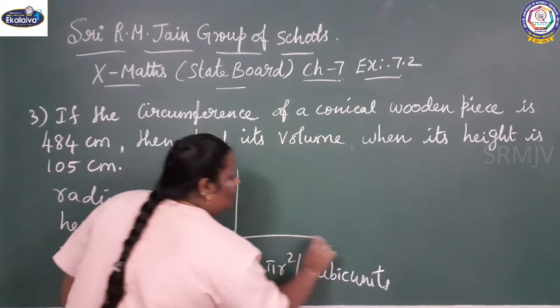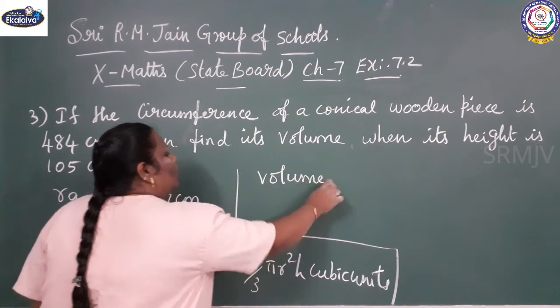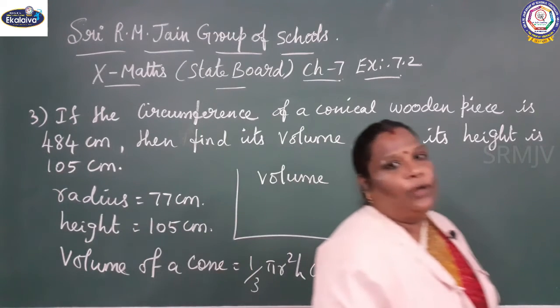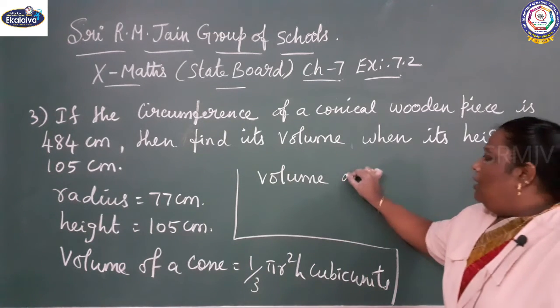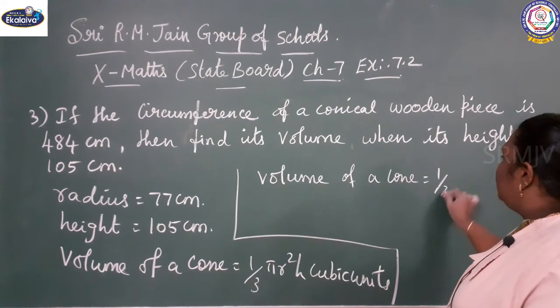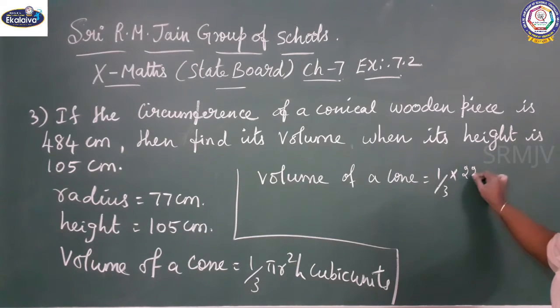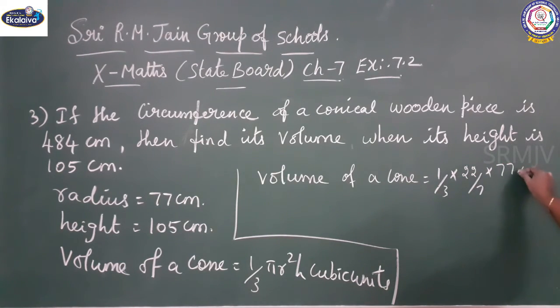So volume of a cone equal to 1 by 3 into, what is the value of pi? 22 by 7 into, r value is 77 into 105. 77 into 105. 7 11s are 77.